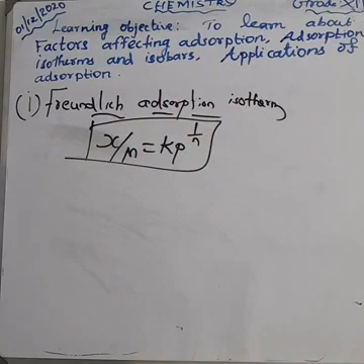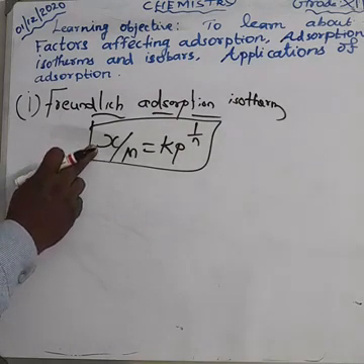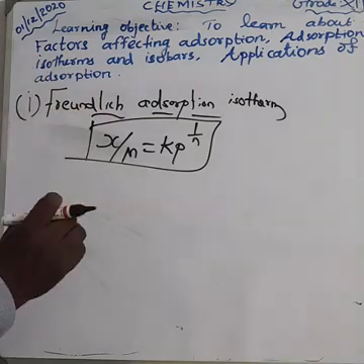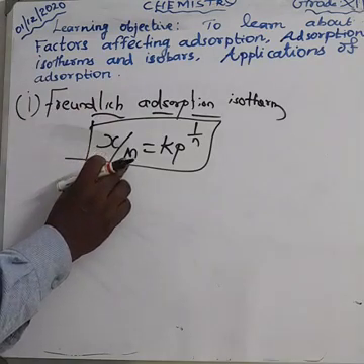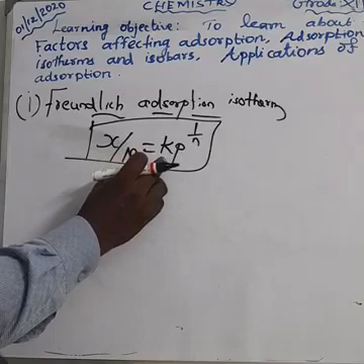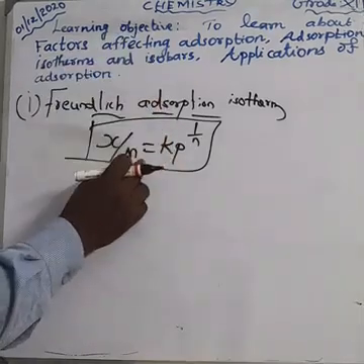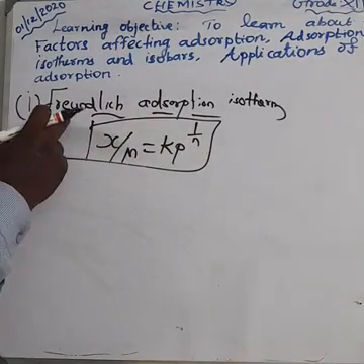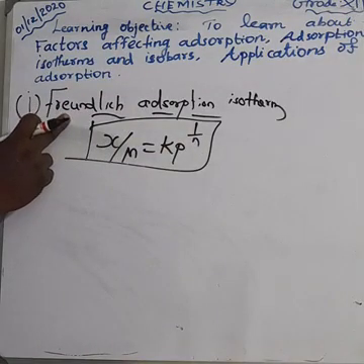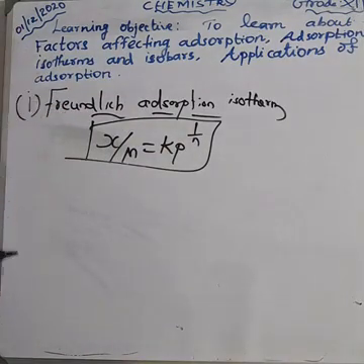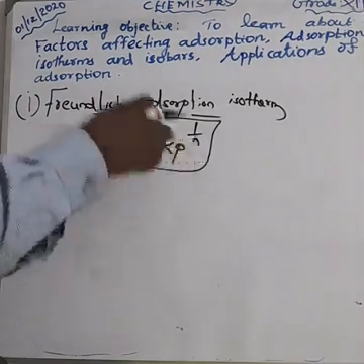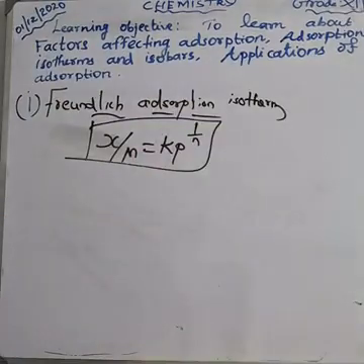What is x? X is the amount of adsorbate adsorbed on m gram of adsorbent at a pressure p. K and n are constants. Don't forget this, it is a very important question: the value of n is always less than unity.